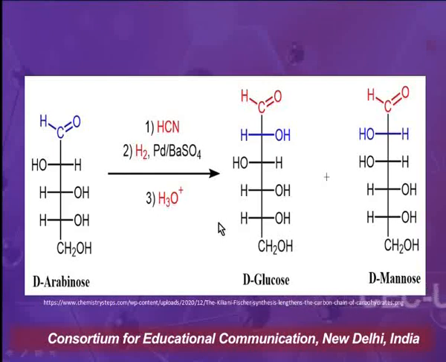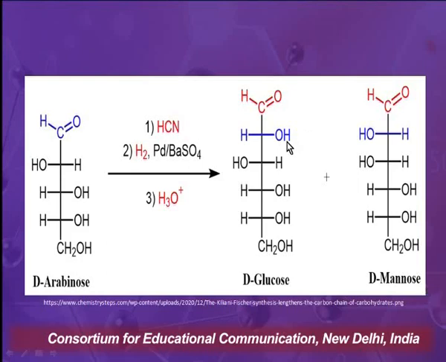Now the next series of epimers we can prepare from arabinose, which is an L-pentose. And when we carry out the same reactions, that is, first the reaction with HCN and hydrolysis, and then the reduction with hydrogen in the presence of palladium and BaSO4 followed by hydrolysis, we get again two epimers, which are D-glucose and D-mannose.